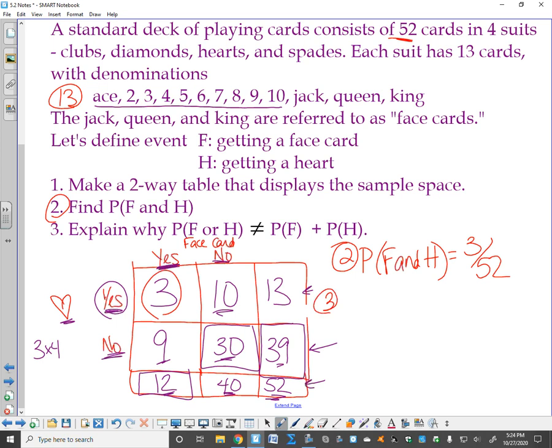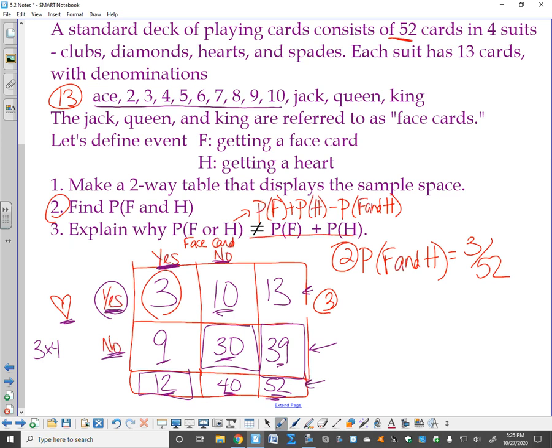Explain why probability of F or H does not equal the probability of F plus H. Okay, so let's talk through this first. Well, I do know a formula for or. That's the probability of F plus the probability of H minus the probability of the overlap, F and H. Okay, so why does this not work for this?